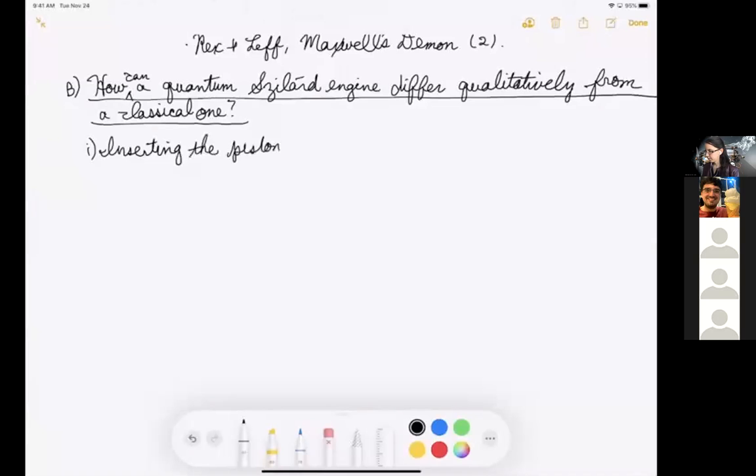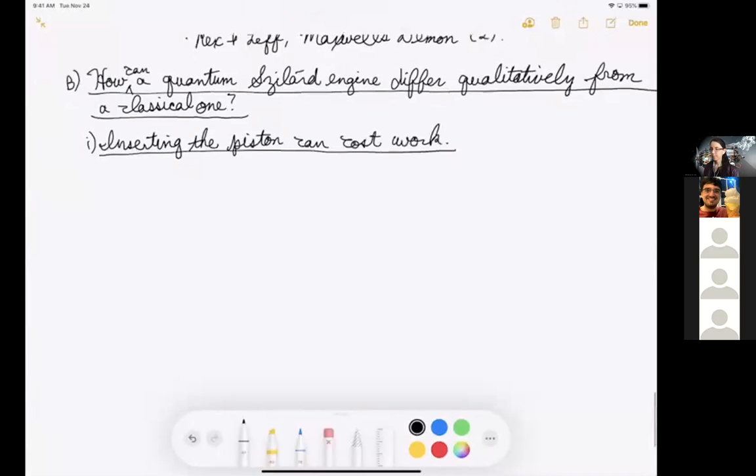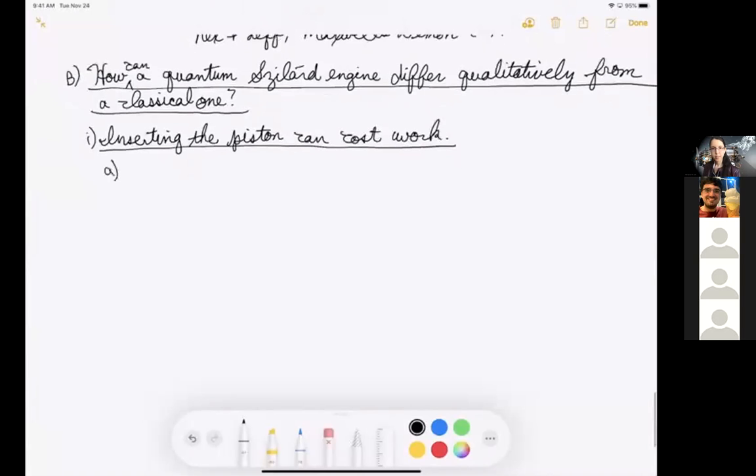Inserting the piston can cost work. This story comes from a paper from 2005.